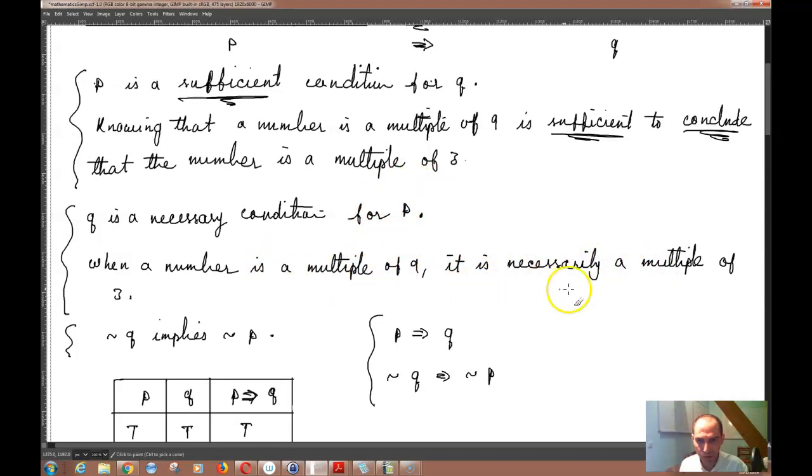So now let me write these a little bit more simply so that we can understand them.